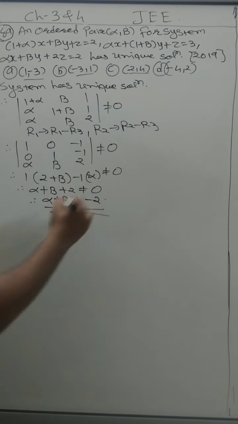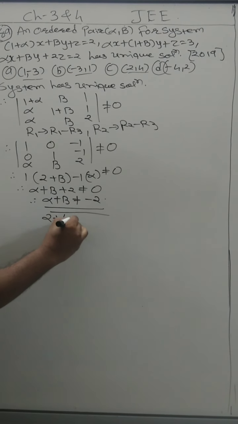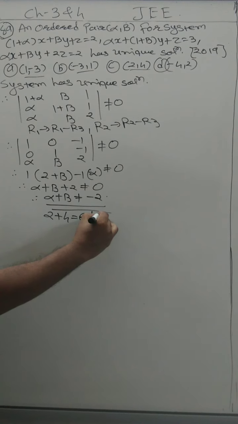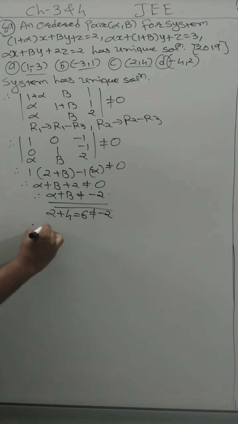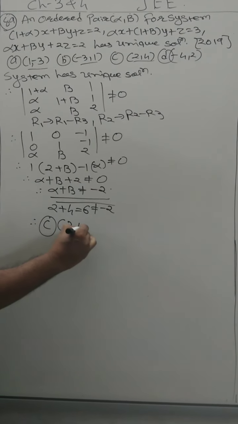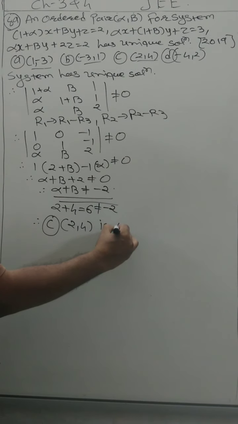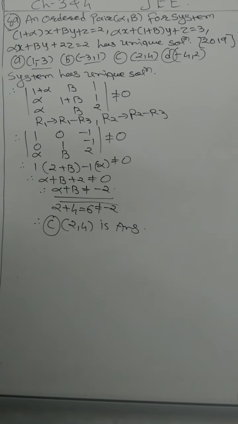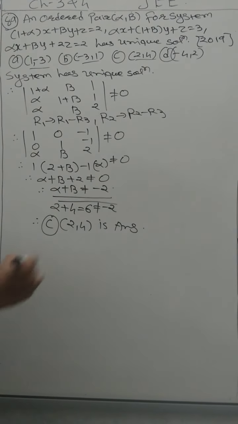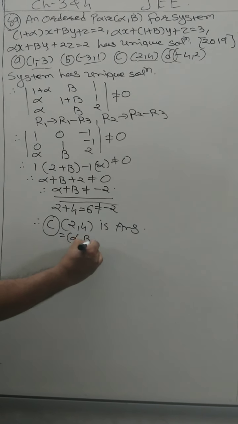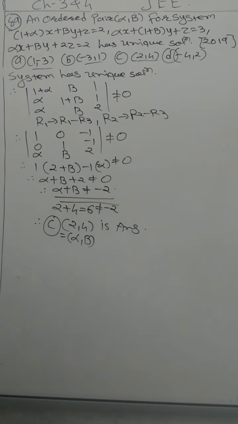So here 2 plus 4 is equal to 6, which is not equal to minus 2. Therefore we can say that C, (2, 4), is the answer, right? So this is the ordered pair alpha beta, otherwise in all the other three, the sum is minus 2. Okay, now we go for the next one.